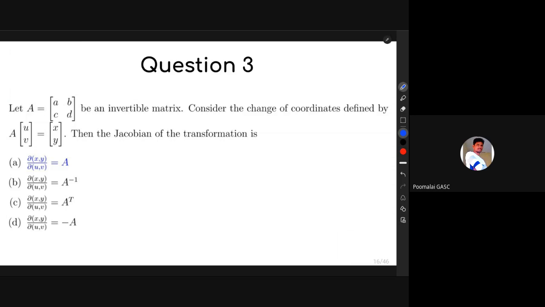This question is again similar to the one we just discussed, but we don't have the explicit description of x and y in terms of u and v. So we will first find that explicit description, then calculate the partial derivatives, plug those values into the Jacobian, and get the answer.